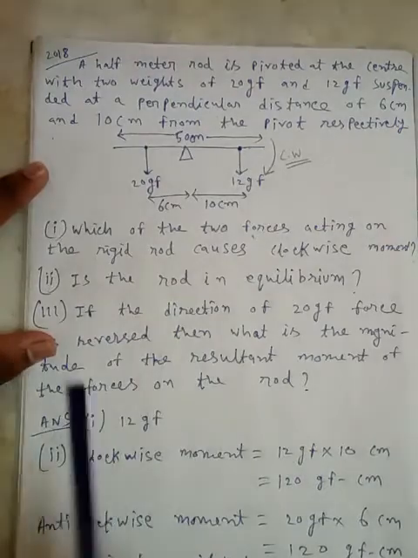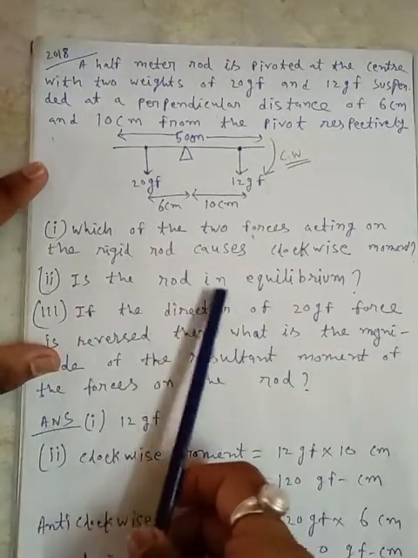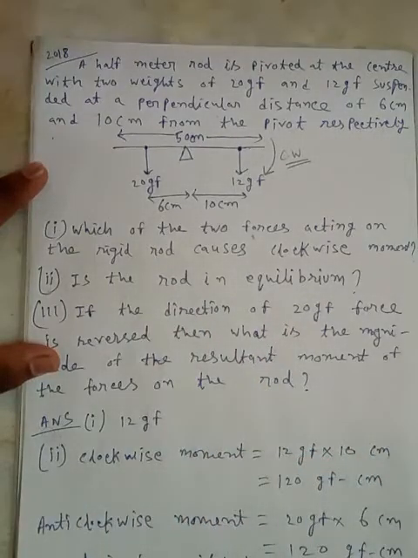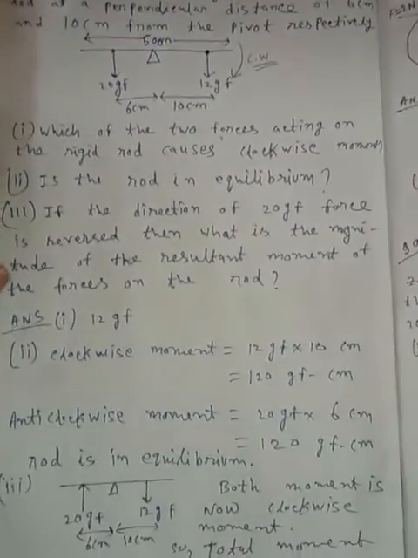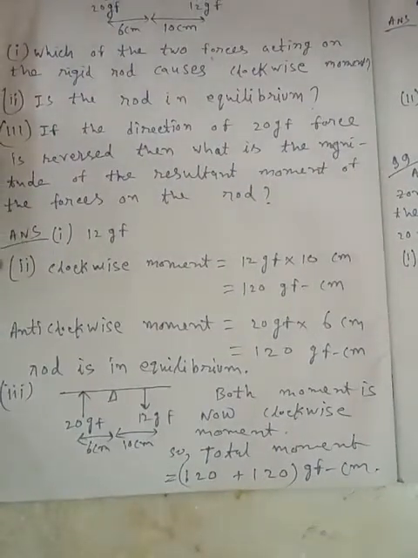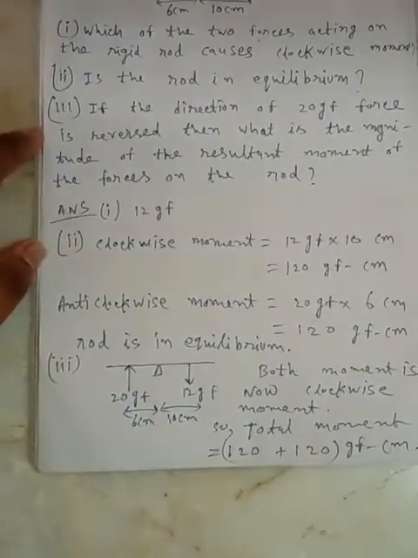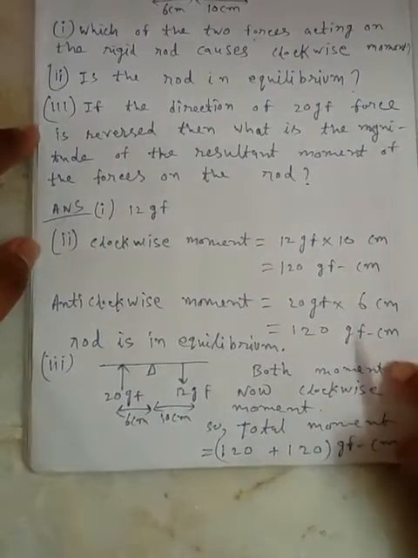That means now move to the second part. Is the rod in equilibrium? So we know the condition of equilibrium is the moment of force should be zero. Okay.